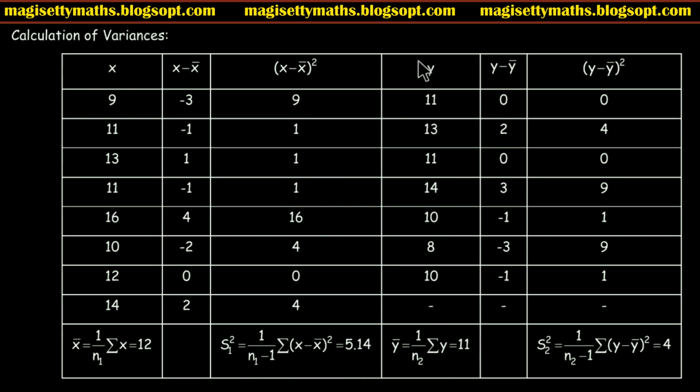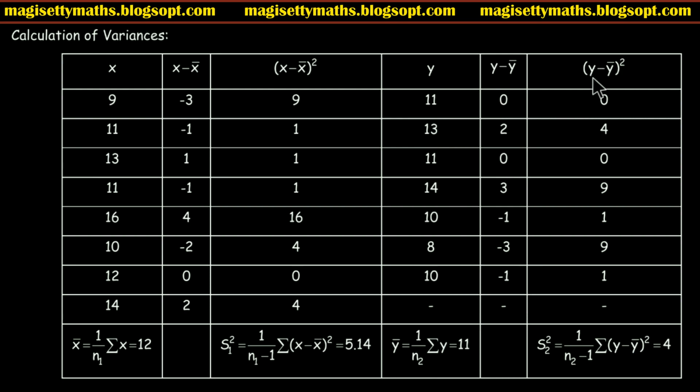Similarly for the second sample, evaluating y, the given data, and y bar is the mean of the second sample, 1 by n2 into summation y, the sum of all these values divided by the size of the sample, that gives 11. And then evaluating the differences y minus y bar, that is 11 minus 11 is 0, 13 minus 11 is 2, and so on.